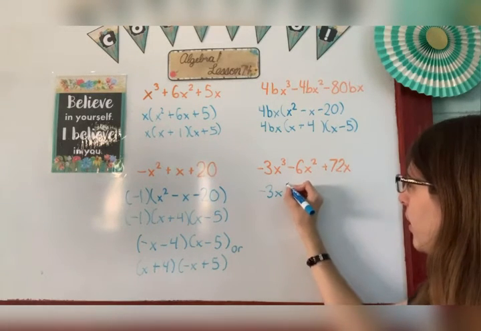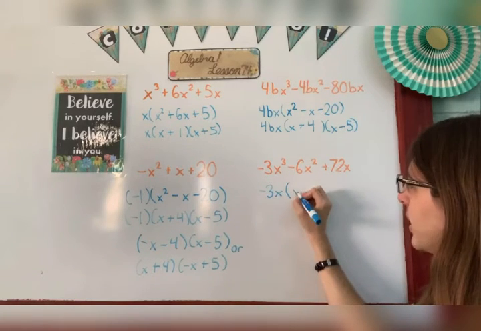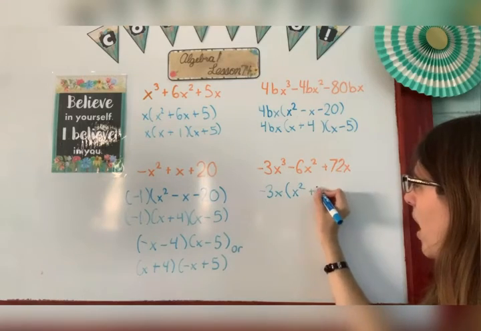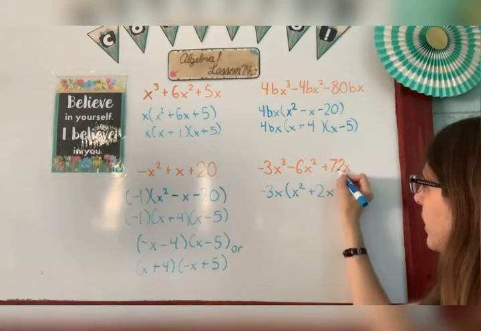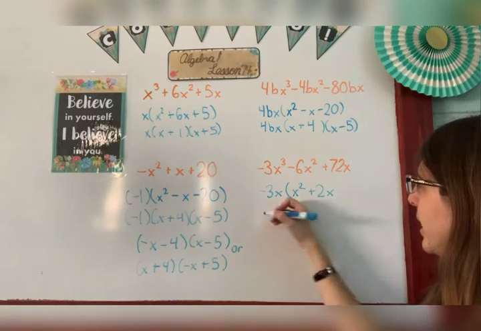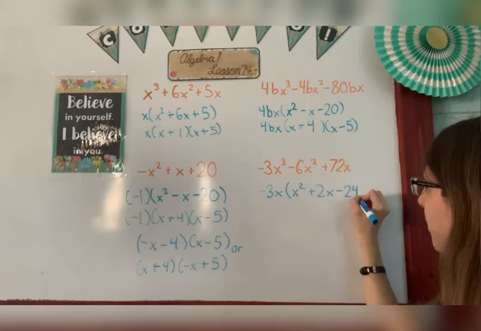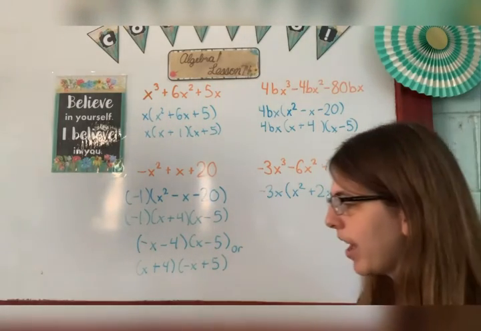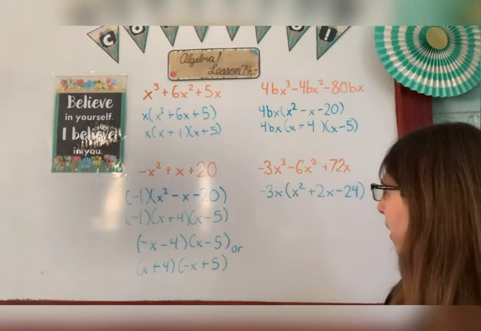So divide each term by -3x, leaves me with a positive x squared. -6 divided by -3 gives me a +2. x squared divided by x gives me just x. 72 divided by -3 gives me a -24. x divided by x is just 1. So I have -24 there.